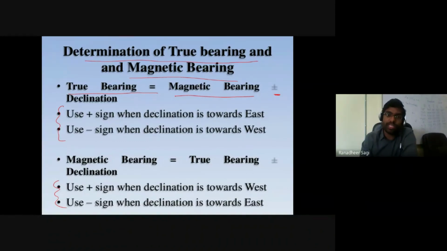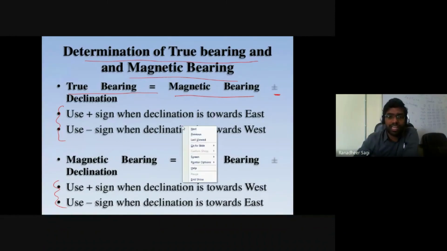In case the declination is towards east, I repeat, towards east, then the true bearing I have to calculate by adding the declination term. In case the magnetic declination is towards your west, then I have to subtract the declination term from the magnetic bearing to get the true bearing.